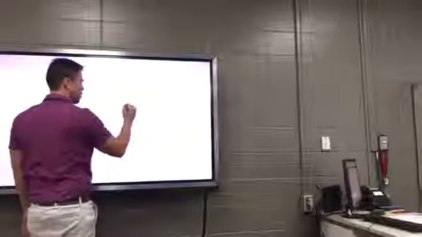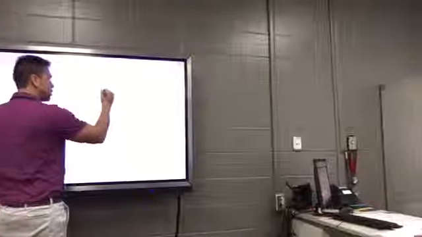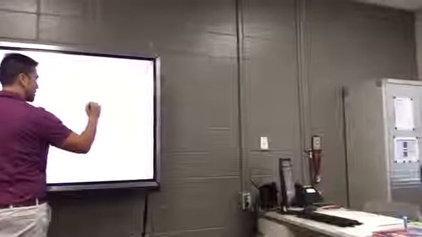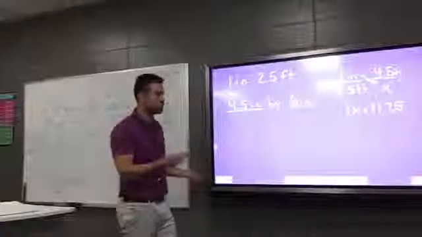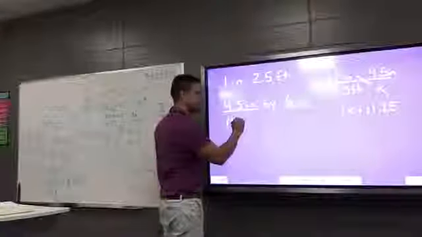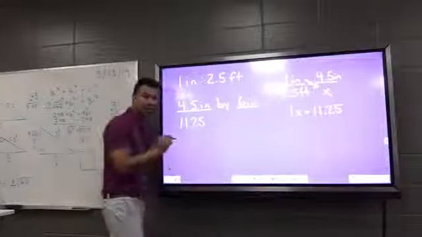All right, cross multiplying would be 1 times x, which is 1x. And 2.5 times 4.5 is 11.25. And then you divide both sides by 1. What is the actual length of her room or width of her room? You put 11.25 feet.